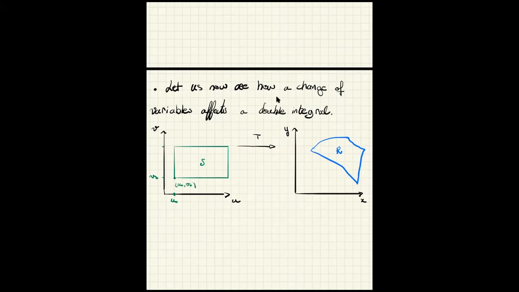We have delta V and delta U, the length of each side of the rectangle. Then suppose that when I apply T to the point (u0, v0), I get the point (x0, y0).